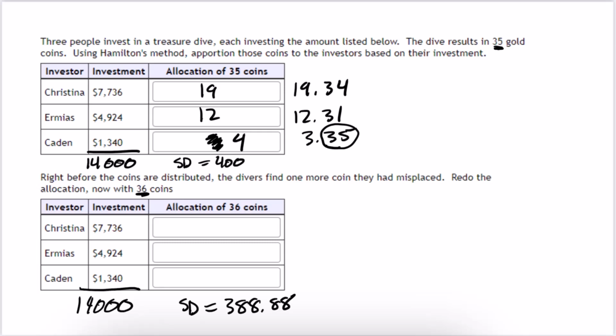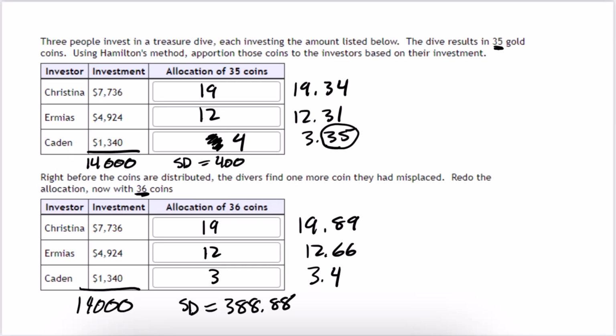When I divide each of the investment amounts by 388, I get 19.89, 12.66, and 3.4. And if we look at the lower quotas, we would have 19 and 12 and 3. But if I add all of those up, 19 plus 12 is 31, plus 3 is 34.